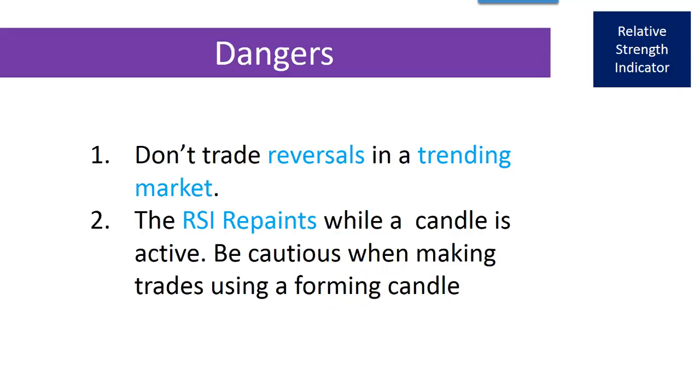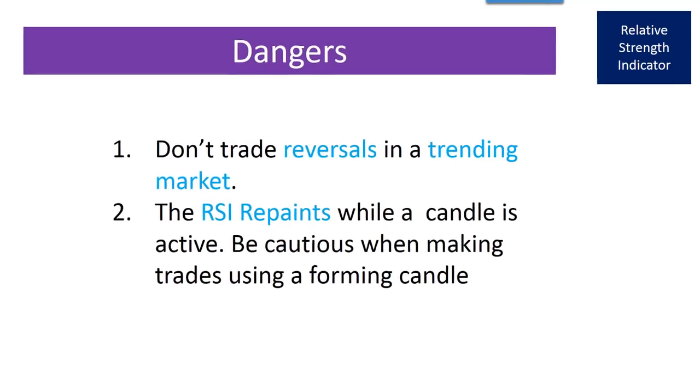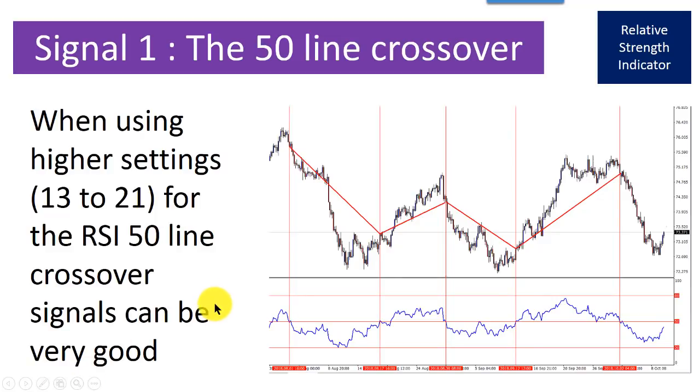Having said that, the RSI is by far the most leading indicator that you can find in technical analysis. Okay, so let's start with a very basic signal, and that is the 50 line crossover signal.